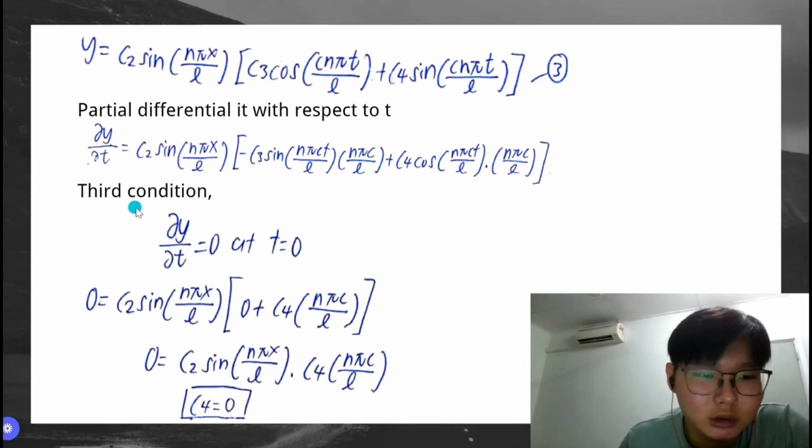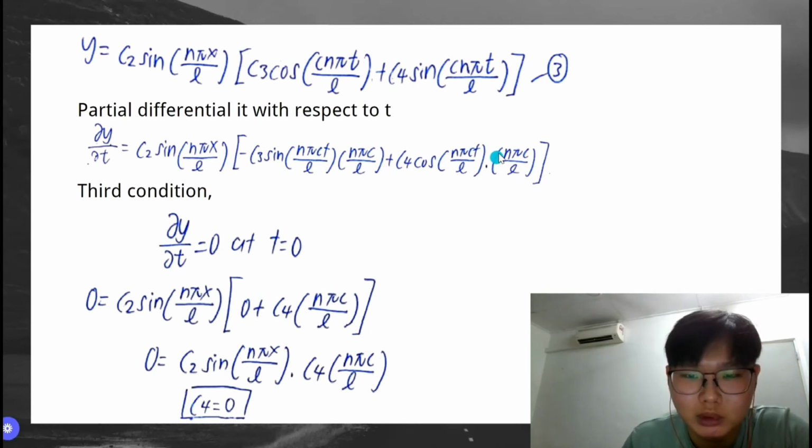So we use the condition del y divided by del t equal to 0 at t equal to 0. This will become 0, and the sin term multiplied with 0, because when t equals 0 this whole part becomes 0. And when we put t equal to 0, cos 0 will become 1. So we will get C4 multiplied with n pi c divided by l.